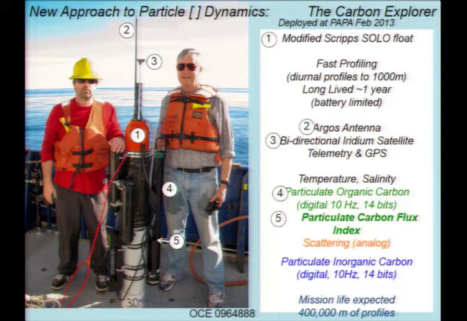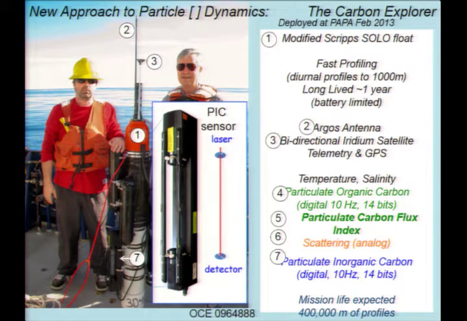This is a prototyping platform for the second variant of our Carbon Explorer, which is a float that carries transmissometer sensors of the kind that Meg has been deploying. Also, a new sensor for particulate inorganic carbon. I've talked about this over and over, but the major point is that it shines a beam of polarized light through a laser, through a polarizer, and then at the end of the beam there's a polarizer rotated at 90 degrees that blocks the primary beam.